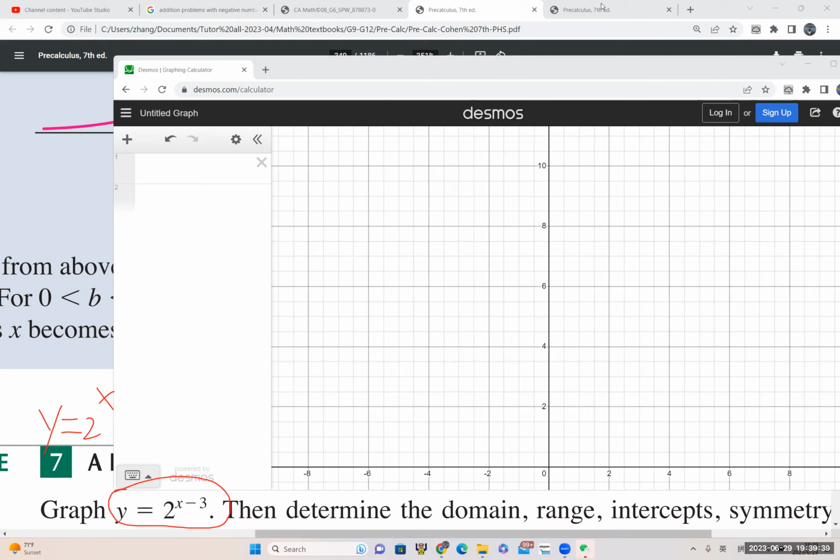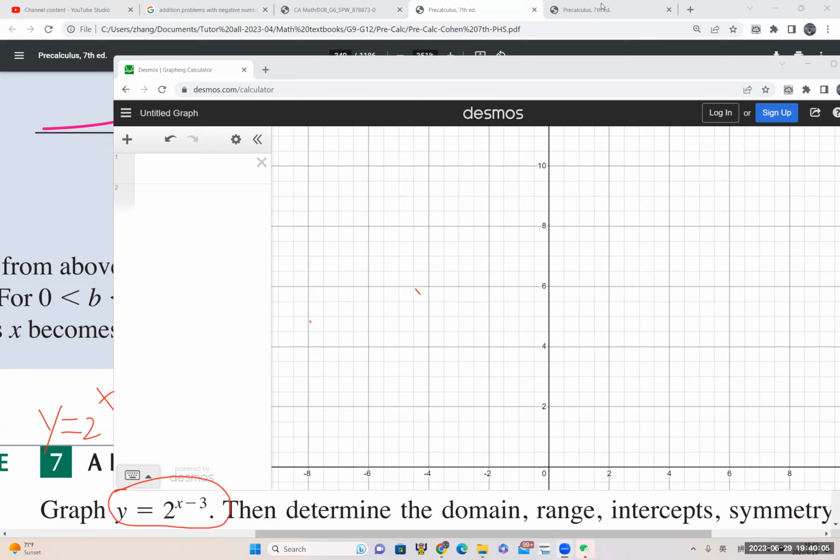You mention several points, especially the key points, right? Then it's maybe like this. But it's not for this function. I just mentioned the rule: get some key points, connect them using a curve, then you get its graph.